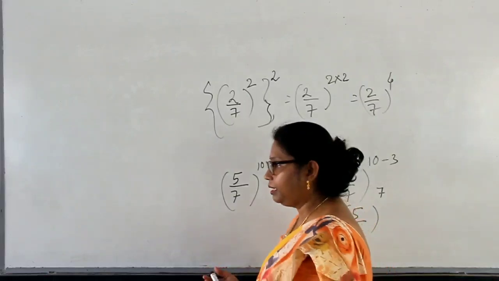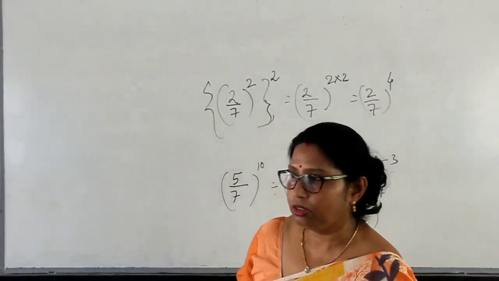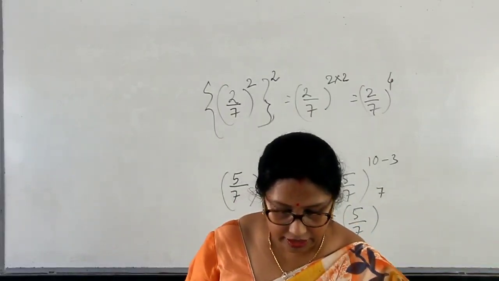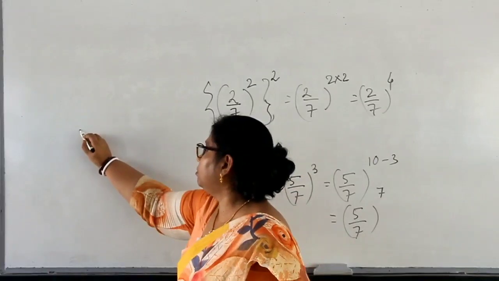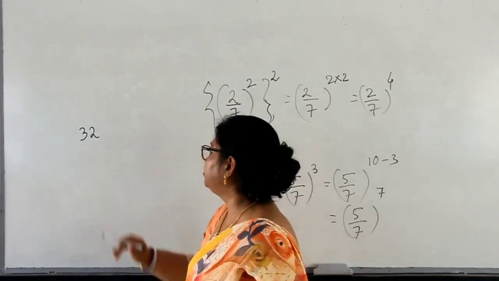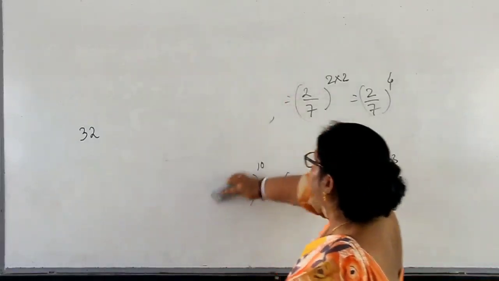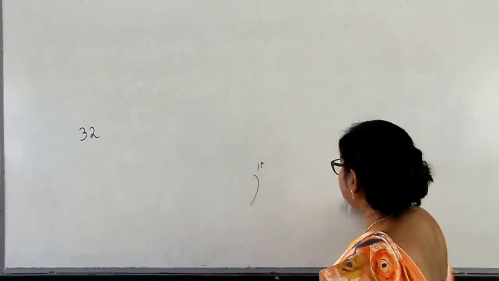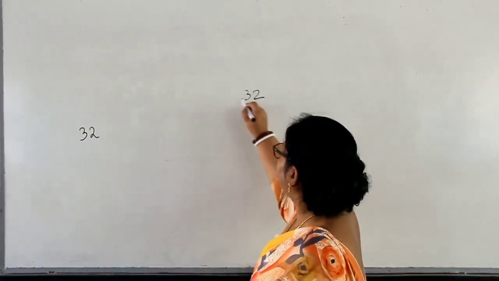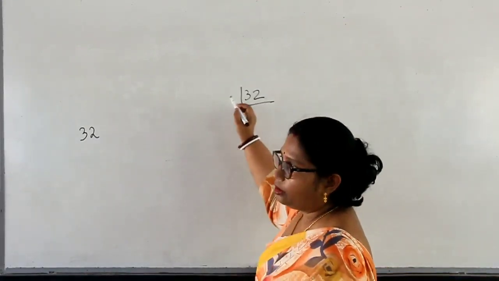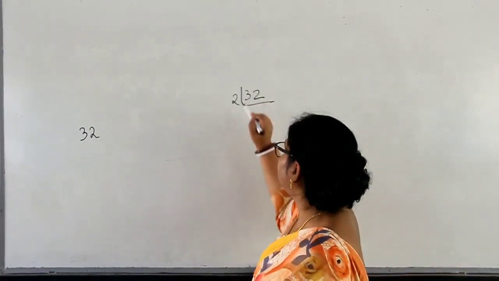Now a few more things which we require to know. If any number is given and we have to express it in exponential way. Suppose we are given 32. How to express this 32 in exponential method? For that, this 32 should be factorized. We know that the smallest prime factor is 2.